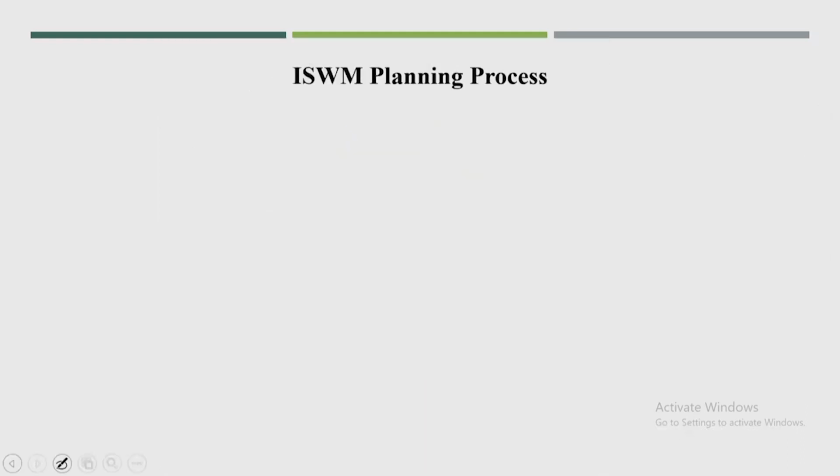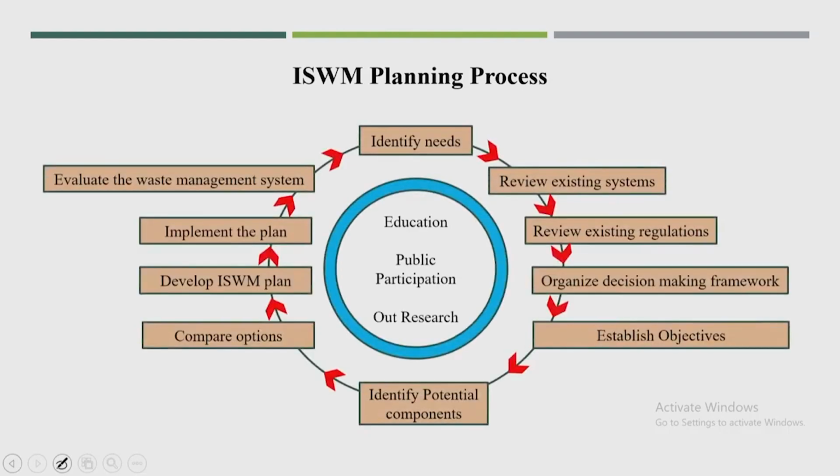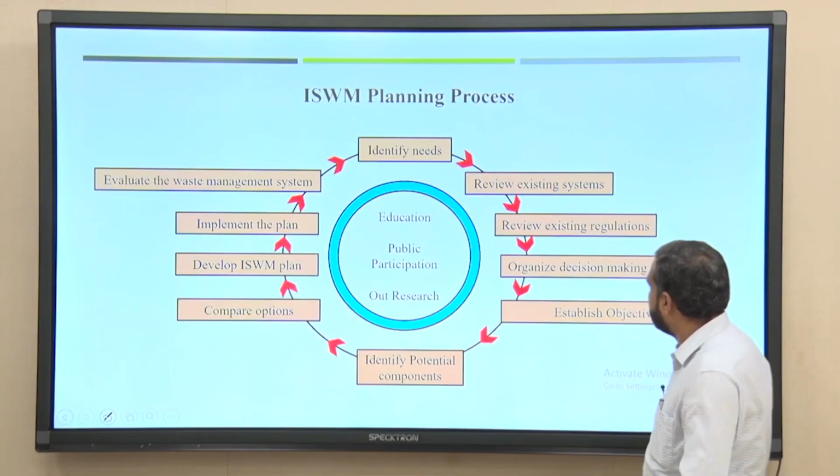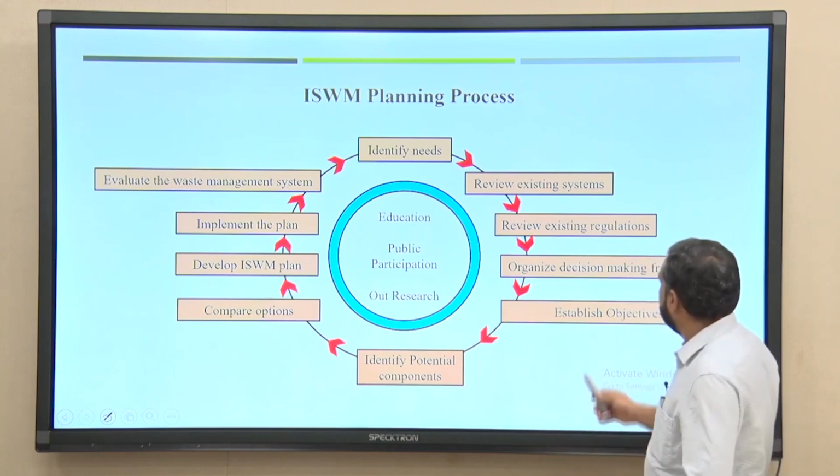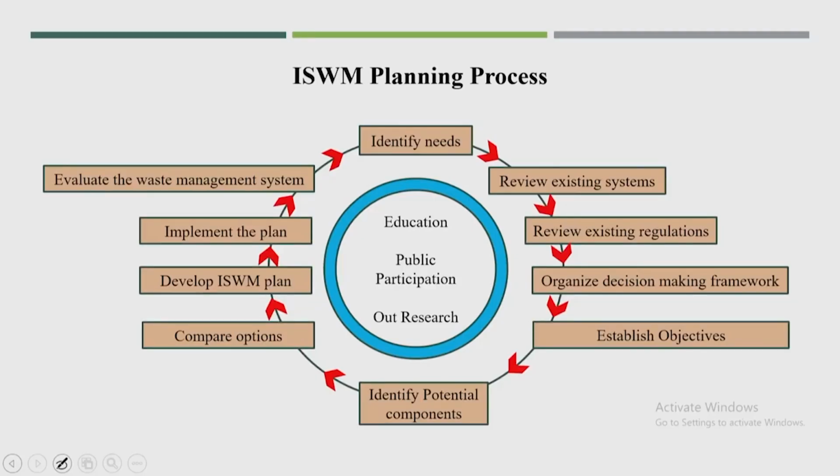So, what is the ISWM or integrated solid waste management planning process? Normally it starts with identifying the need. First you review the existing system, and review the existing regulations available in the particular city or state. Then organize the decision-making framework by calling the different stakeholders, and finally you establish the objective.